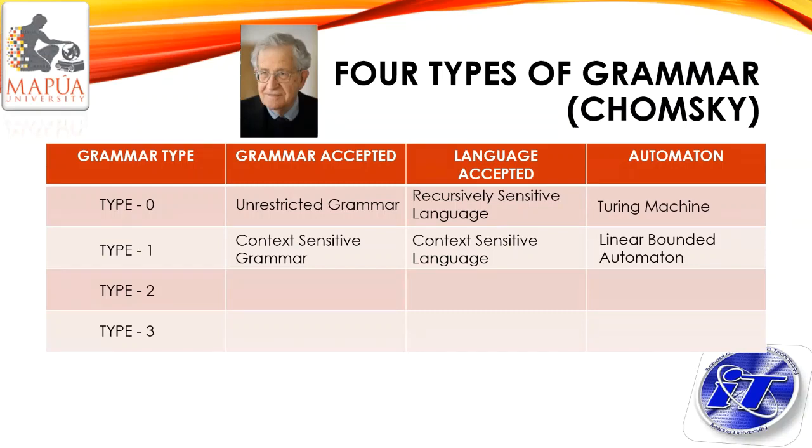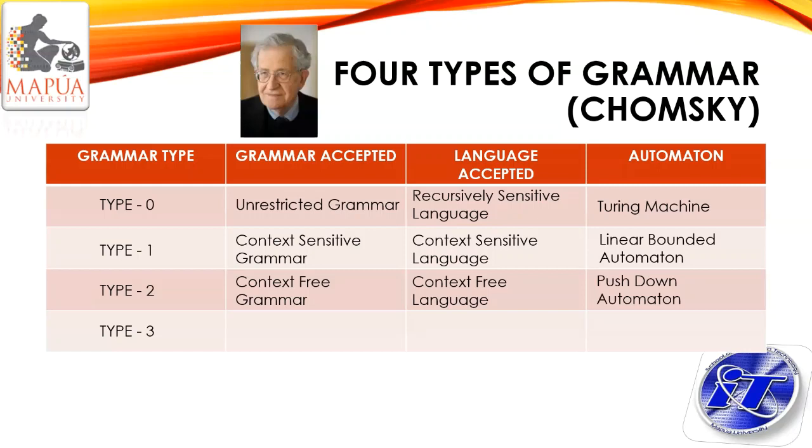And then type 2, that we're going to discuss on the next video lecture, is context-free grammar, wherein this grammar is being recognized by a pushdown automaton. And the language is context-free language.